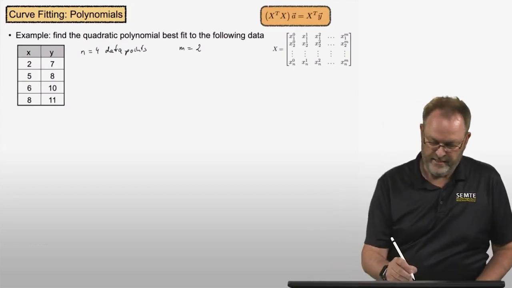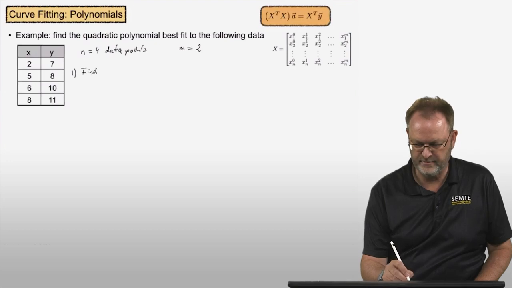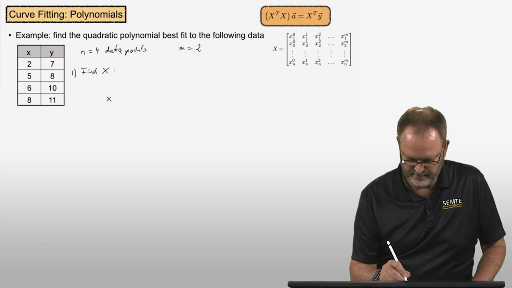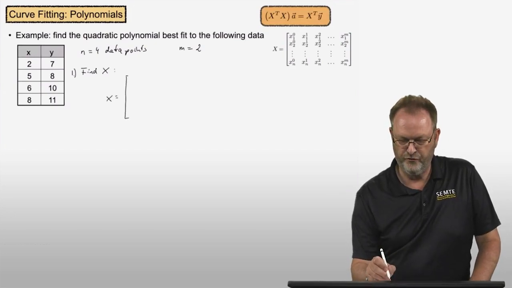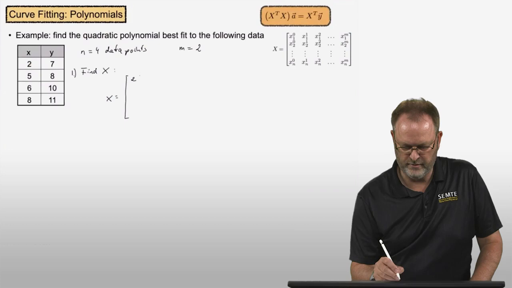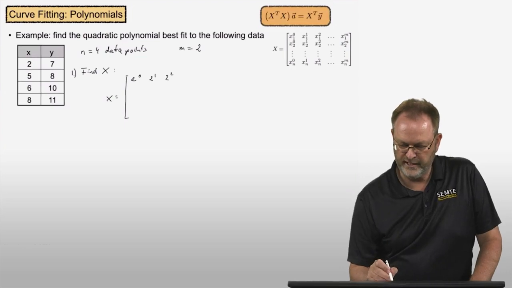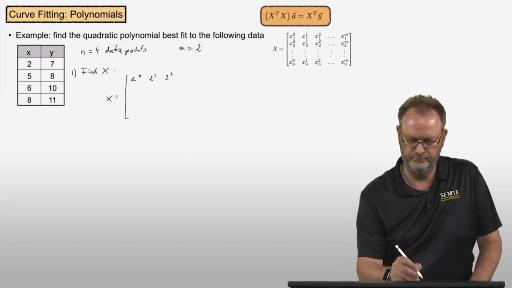So the first step was to find that matrix x. Let me write this here again. It is a matrix where I take the first data value, this 2, and I take it to the power 0, 2 to the power 1, 2 to the power 2, and I have to go all the way to m, which is 2.